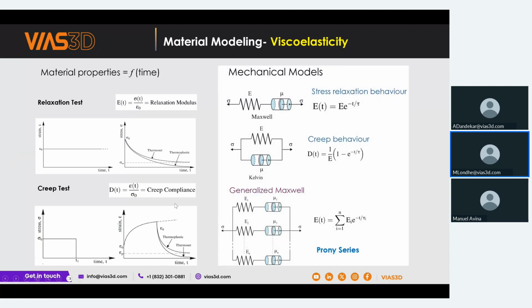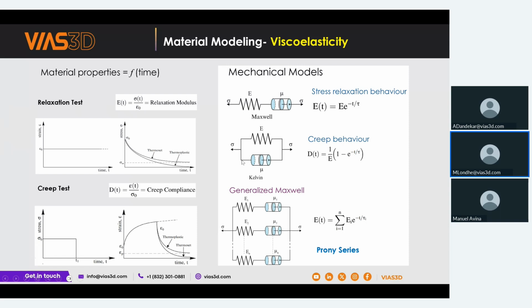If you want to define such a material in mechanical models, there are two types of models available. Generally, viscoelastic materials are defined with two basic building blocks, the Maxwell and the Kelvin. In the Maxwell, the elastic and viscous parts are arranged in series, while in the Kelvin they are arranged in parallel. These are the equations of the modulus of elasticity and compliance.